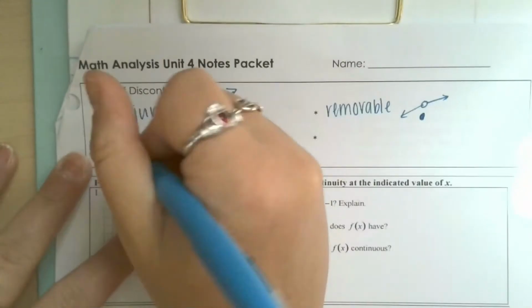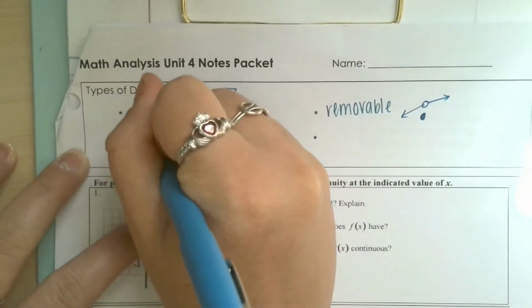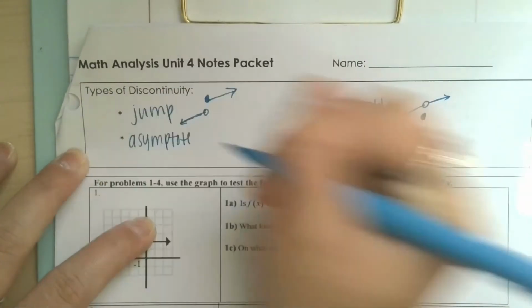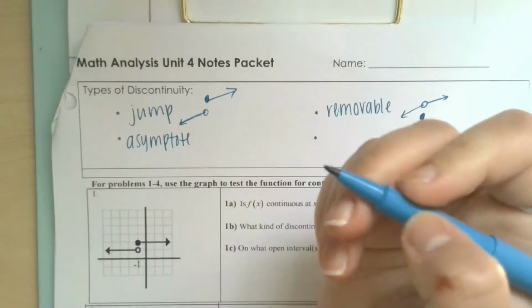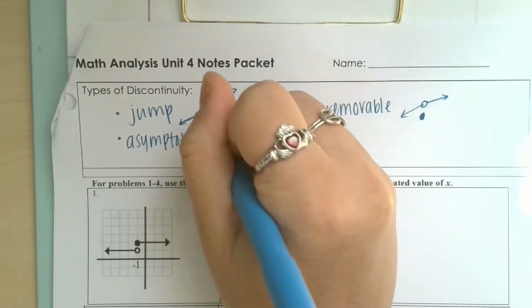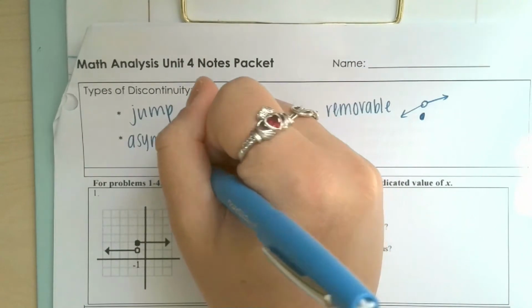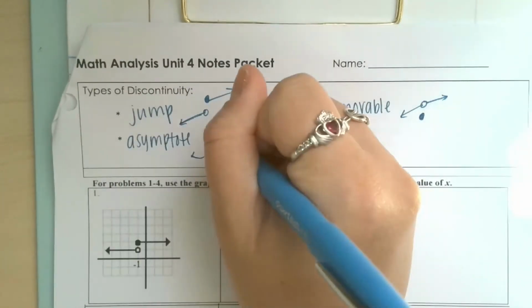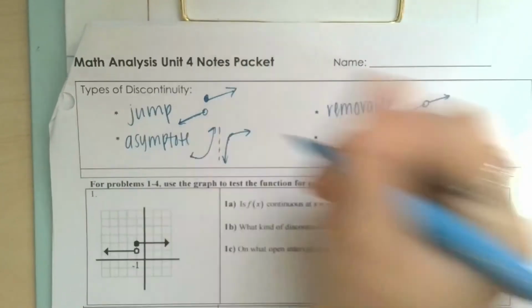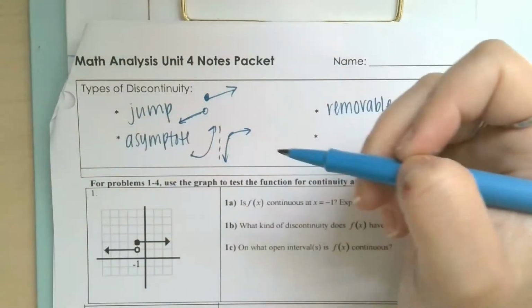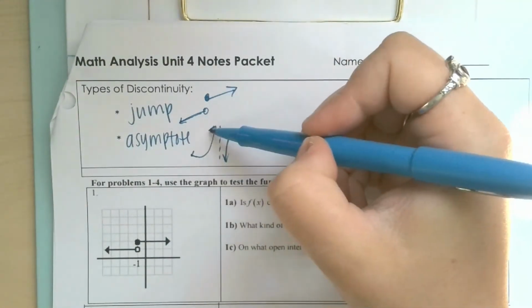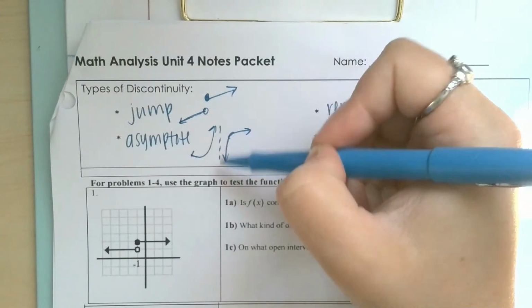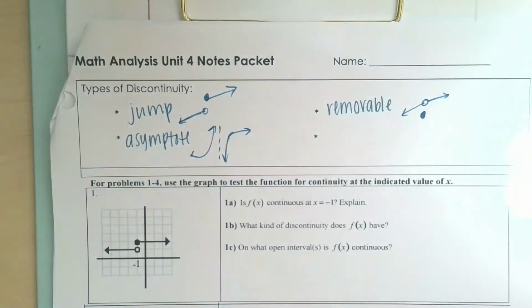The third type is asymptote, also called infinite. It's exactly what it sounds like. It's when you have an asymptote and your function gets close to it. It looks something like that. You get the gist. You graph it, and then you have to pick up your pen to jump over that asymptote and then continue the rest of your function.